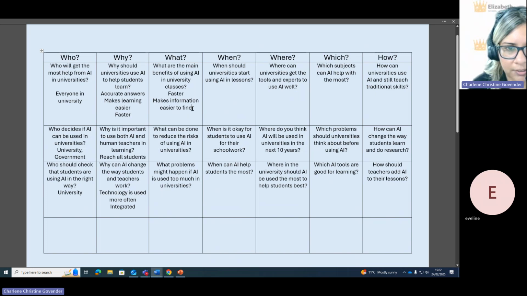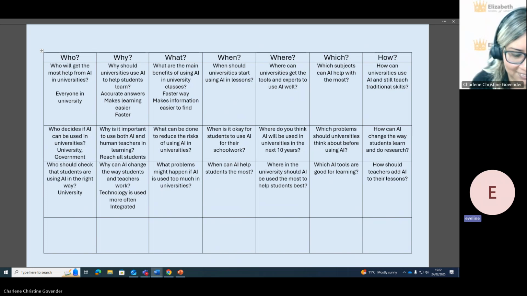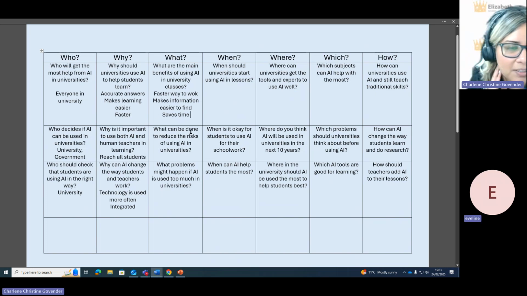So it is a faster way to work. It saves you time, and it's not only limited to school.